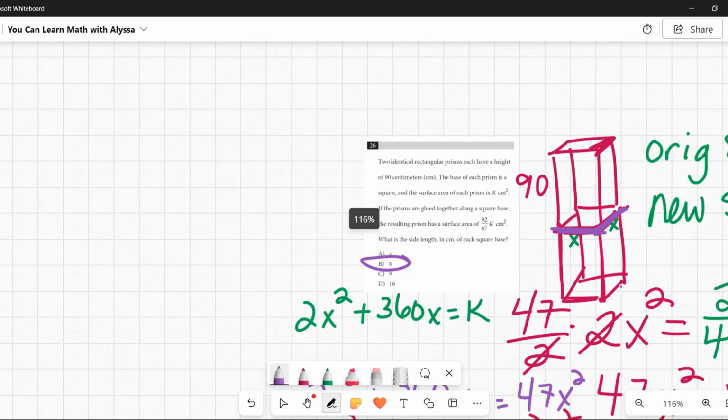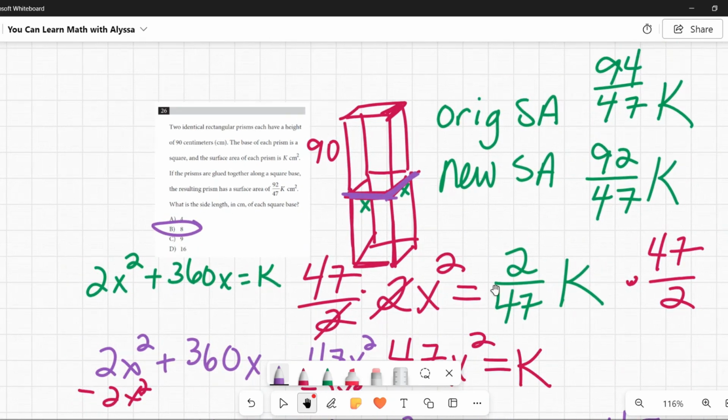The other way you can do this, it doesn't cut out a whole lot of work, but you have to understand the core concept of what's happening, what's disappearing, what's reappearing, and that you can plug and play, by which I mean you can take all these choices and plug them in and say, okay, if this side were 4, because they give the choices of 4, 8, 9, and 16, if the length of this square was 4, what would the total original surface area be?